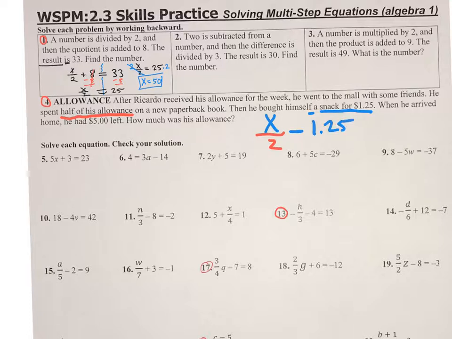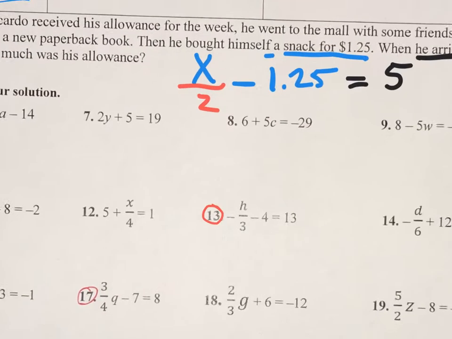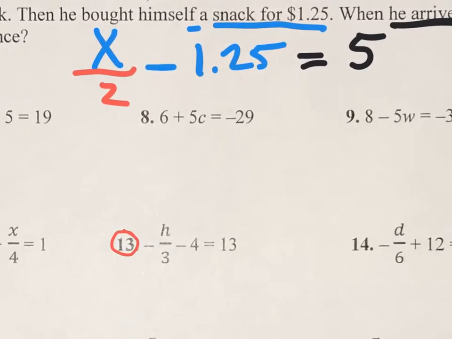And then it says when he arrived home, he had $5 left. So when he got home, he had $5 left. How much was his allowance? So that is the equation that we need to solve. So let's start solving it. What would I do? Anybody?